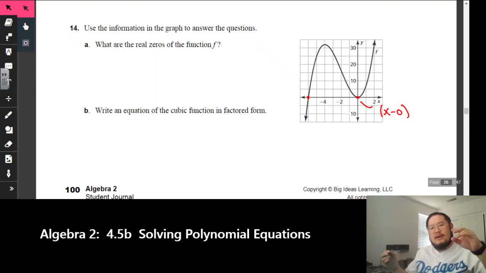The second thing is, if it's an odd degree, is it positive or negative as the coefficient? Well, it's going up and down like so, where it's negative on the left side, going down, then that tells me I have a positive leading coefficient. Now remember, if it touches, then that tells me that this is a repeated solution.